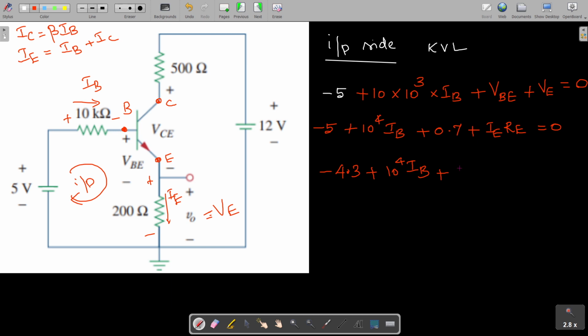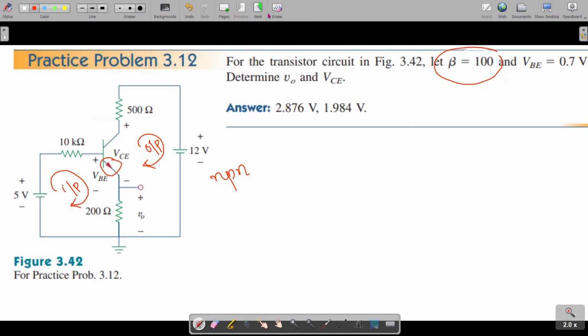Anyhow, we can write it as IB plus IC, or we can write it as IB plus beta times IB, isn't it? Because IC is beta times IB. Instead of this IE, I have substituted this relation into RE. RE is how much? It is 200. That is equal to 0. So it is minus 4.3 plus 10 power 4 IB, base current, plus this beta is given in the problem as 100.